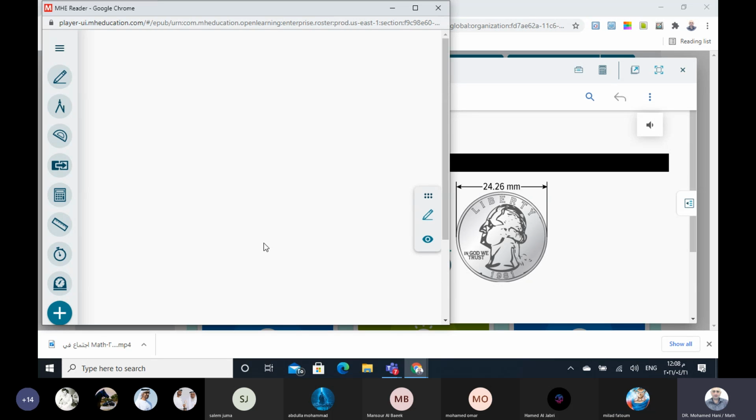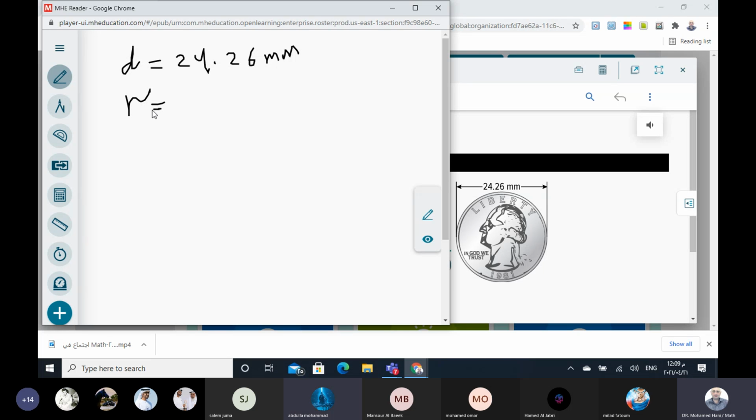Okay, listen to me, please. We have the diameter here. So D equals 24.26 millimeters. We want to solve for the radius.